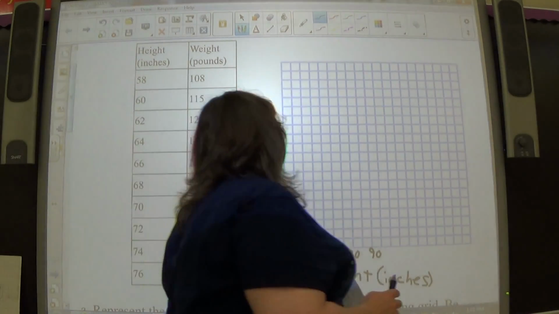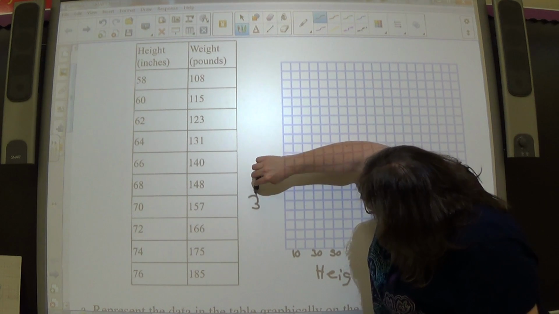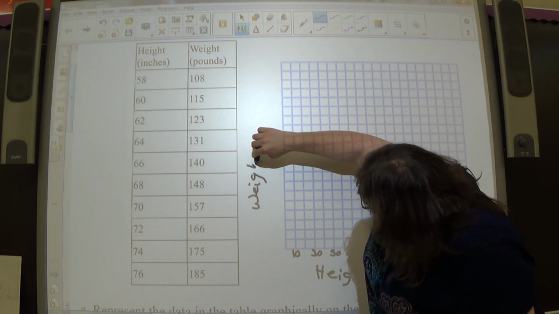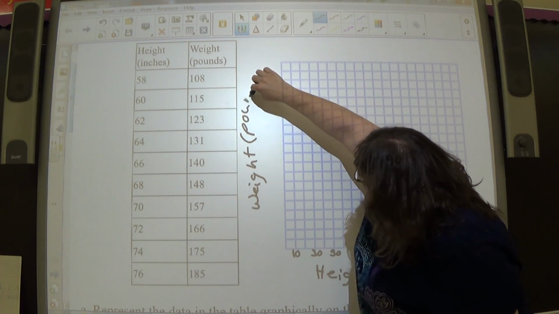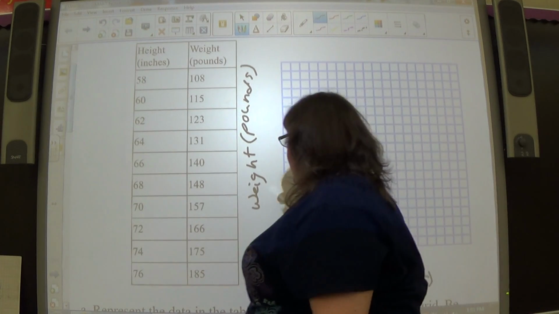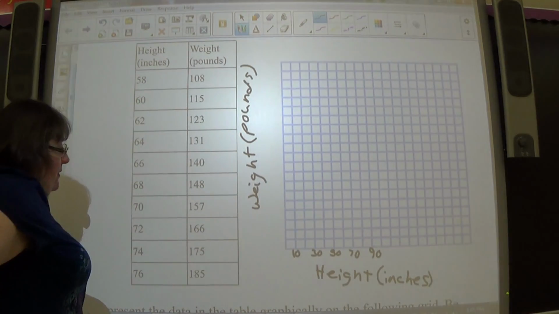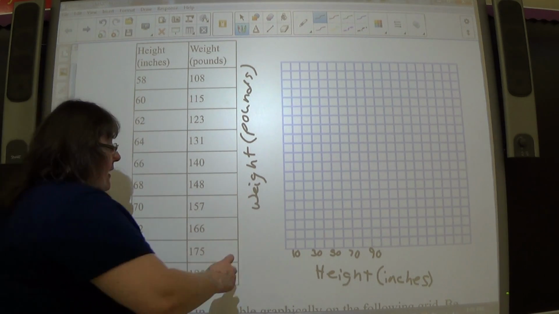All right. Now, my Y is the weight in pounds, okay? And I've got to go up to 185. So I could scale again by tens to make it fit, okay?